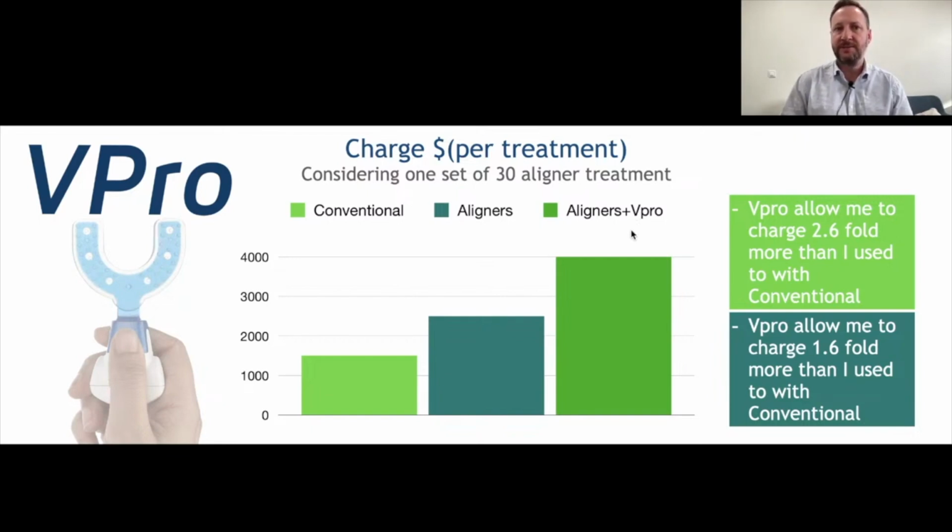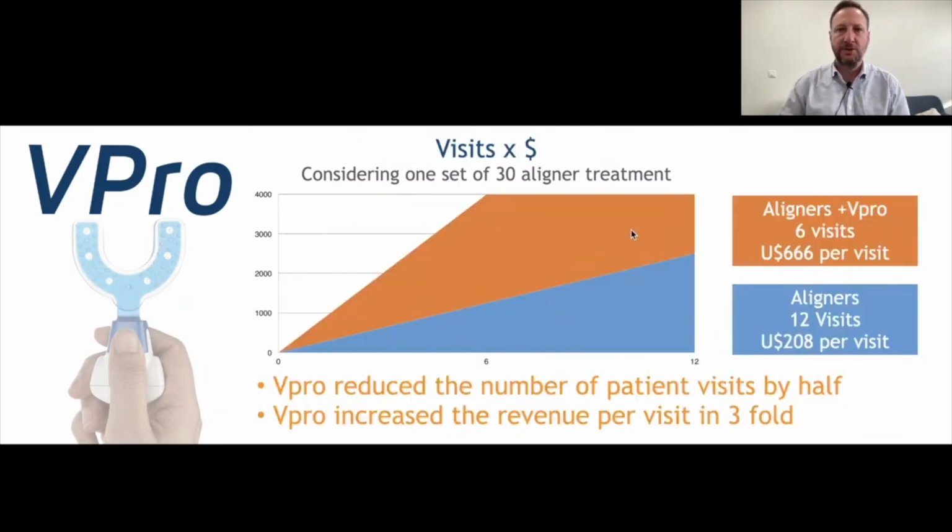So it increased a lot my capacity for differentiating myself and charging more. And considering that I'm seeing the patient fewer times and charging more, the amount I could charge per visit, after dividing the total by the number of visits, increased a lot.